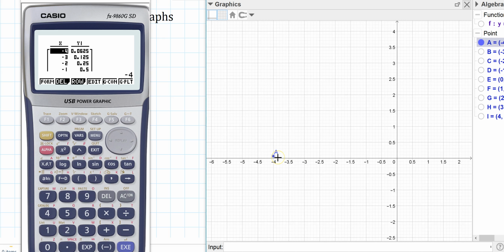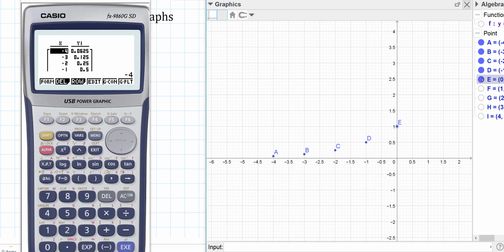There's a very small number over there. When x was -3, we're going to get 0.125, which for those of you who might recognize, that's the fraction 1/8. 0.0625 is 1/16, as I said. The next one we look at is when x is -2. We're going to get that y is equal to 1/4. When x is -1, y is equal to 1/2.